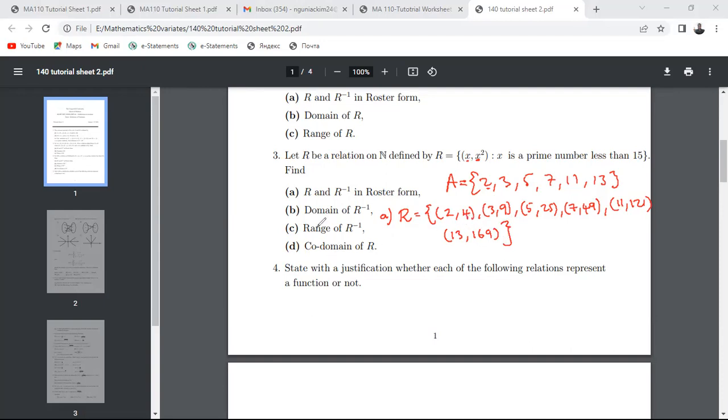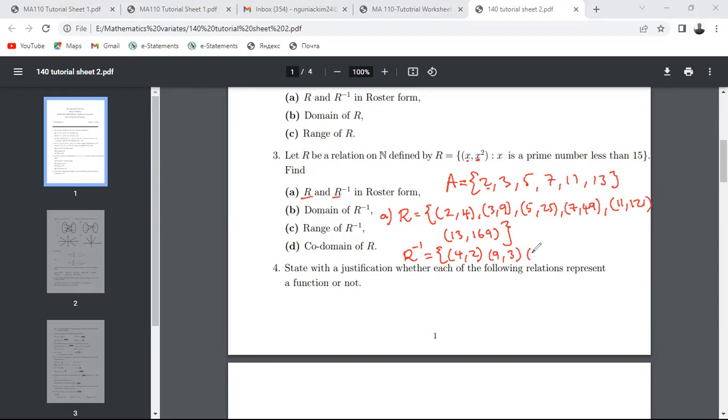So this is Hara. And the inverse in roster form, of course, you guys are geniuses up to this stage. So it means the inverse will be the opposite of what we've just done, because I already explained how to get the inverse. It's just swap these coordinates. So the inverse will be 4, 2. Just the opposite. The x squared comes this side, the x goes the other side. Then you have 9, 3.